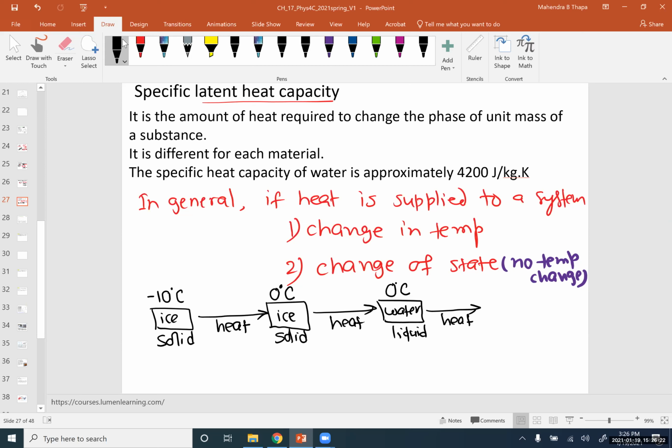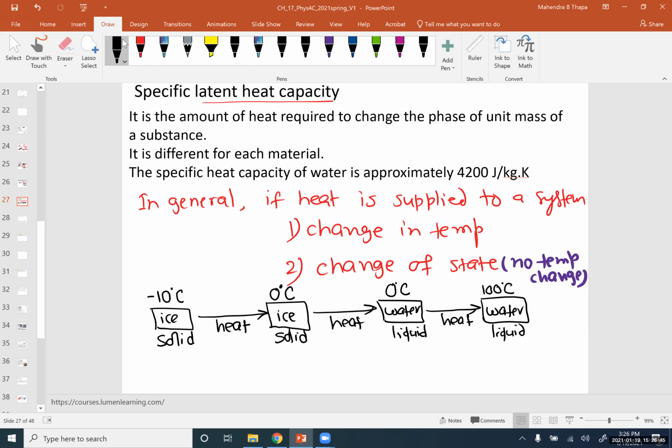Okay. So if you continue heating, what will happen? The temperature increases 1 degree, 2 degrees, 3 degrees, say up to 100 degrees Celsius. So it's still water, in the liquid state.